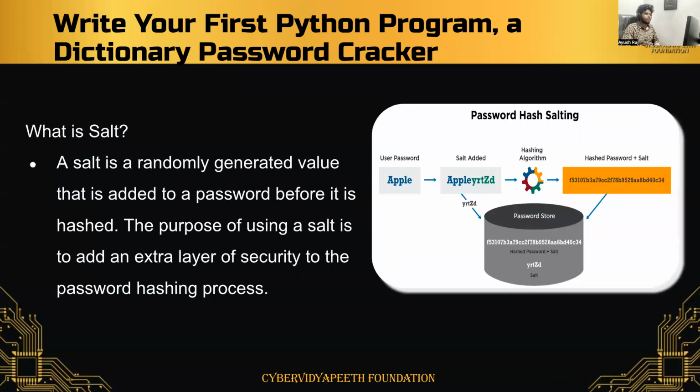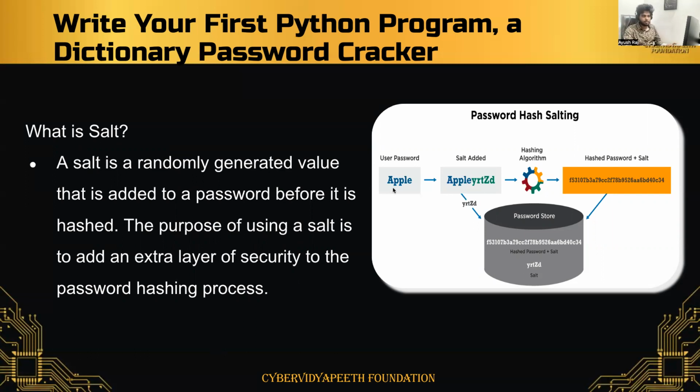Now there is one more thing, salt. Last time we saw simple hashing, but this time we are going to see salt-added hashing. What does salt do? There is only one purpose of salt, to increase the complexity. It adds an extra layer of security.